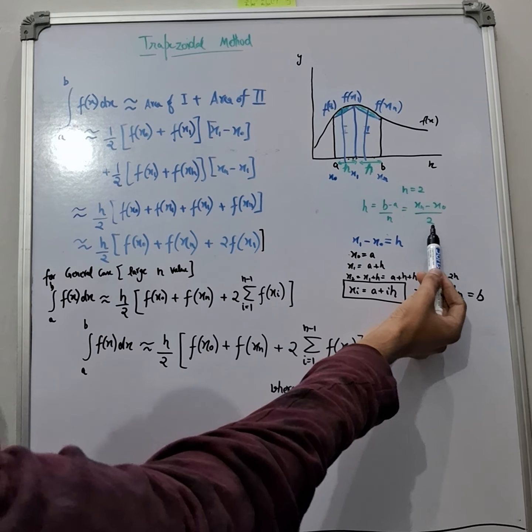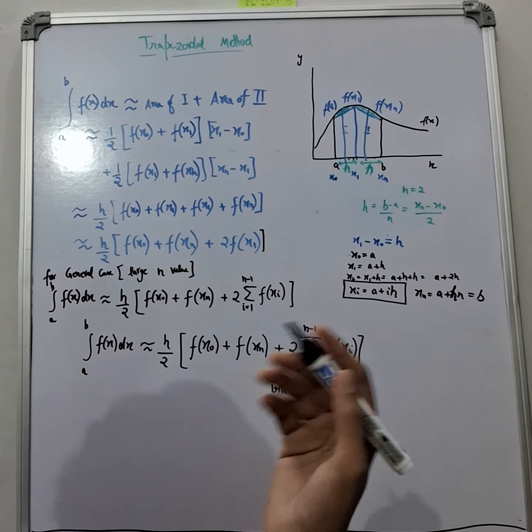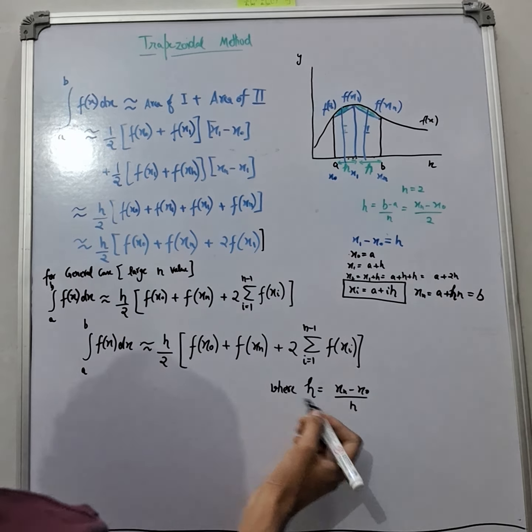Here we divided it into two intervals, and when we divide it into n intervals, then this is the value of h.